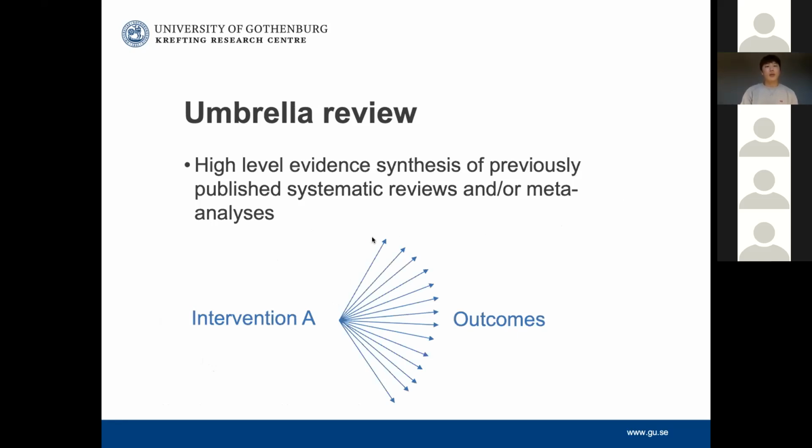Basically, an umbrella review is a high-level evidence synthesis of previously published systematic reviews and/or meta-analyses. For example, if we are interested in the effects of intervention A, what we would do is summarize all the systematic reviews which have looked at intervention A and any health outcome.